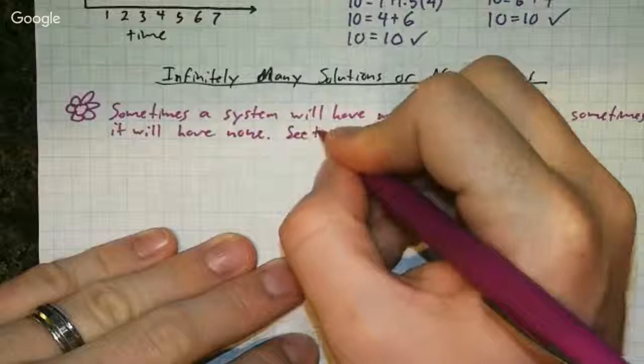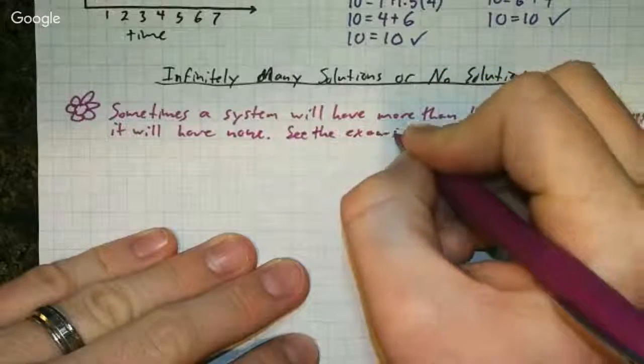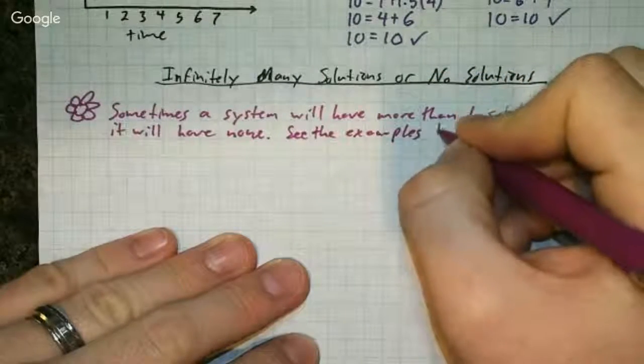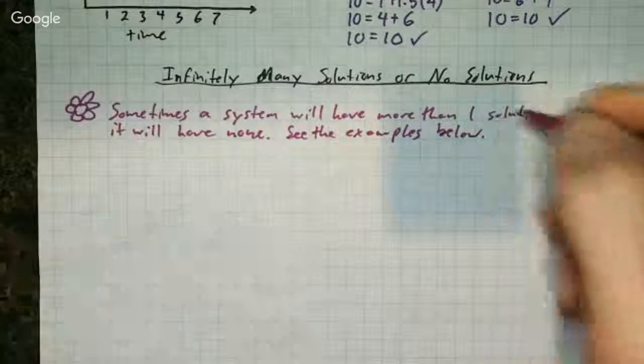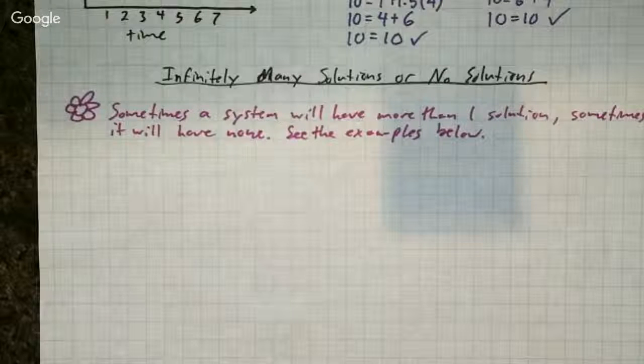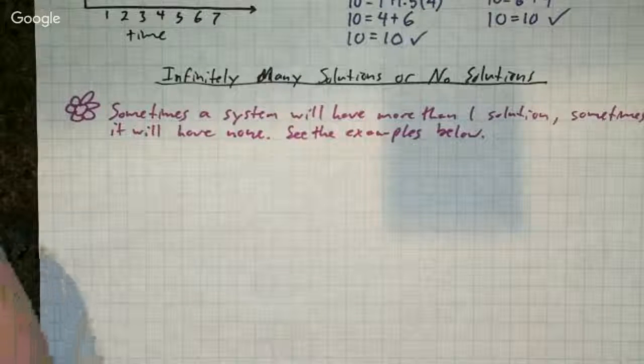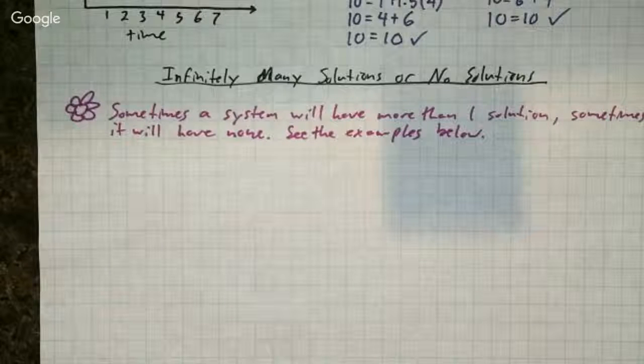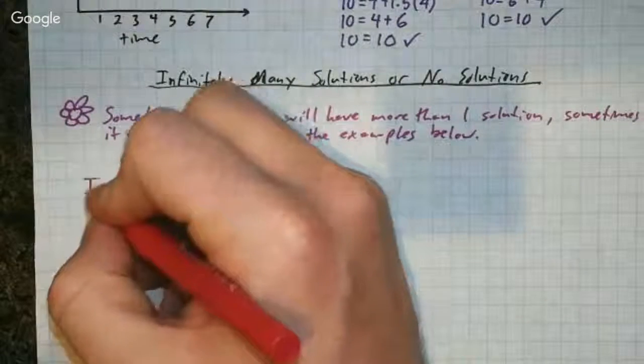See the examples below. Okay. On one side, I'm going to go ahead and show you a graph of infinitely many solutions. So on this side, we have infinite.